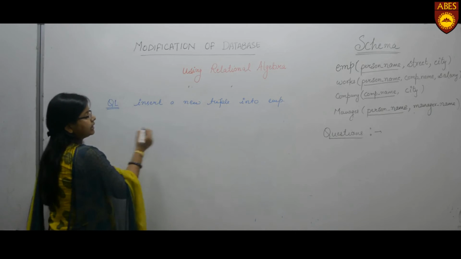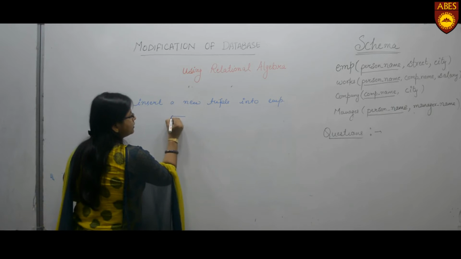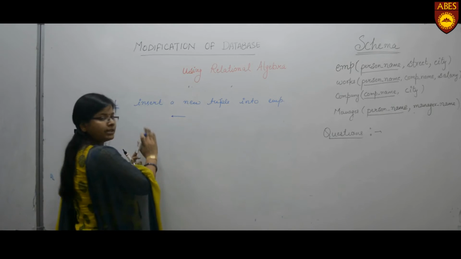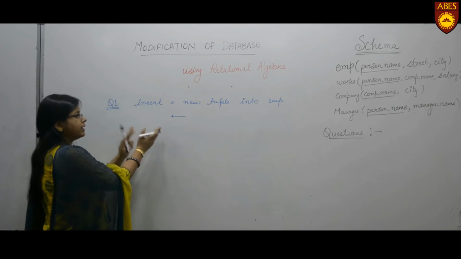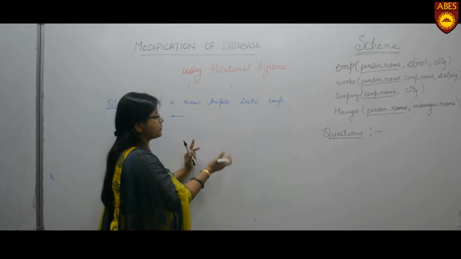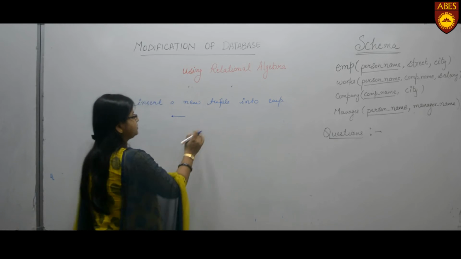So EMP is a table and I will be using the assignment operator for updating the existing relation. On the left hand side, the main relation will exist, and on the right hand side I'll be writing the expression which will create the result.